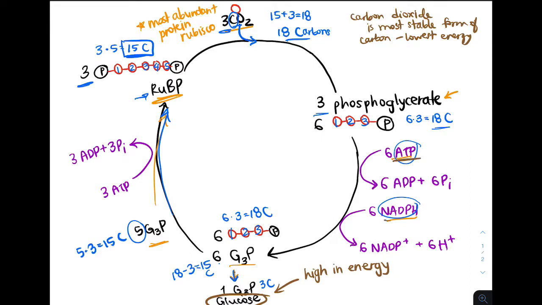Well, ATP and NADPH are oxidized here. They lose electrons or energy. So the energy that is released by ATP and NADPH is used to reduce carbon dioxide to glucose. Also remember that these molecules of ATP and NADPH came from the light-dependent reactions of photosynthesis.